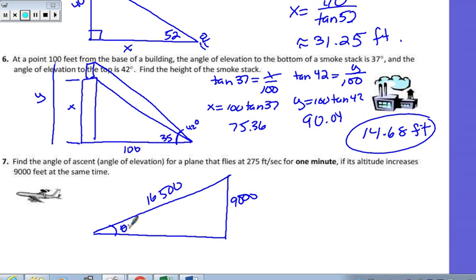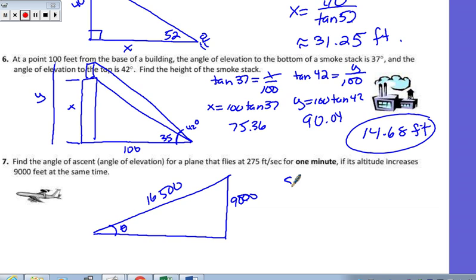If we're looking for angles, you're going to need to use the inverse functions on your calculators. It's when you hit second tangent, second cosine, second sine. Any calculator questions, please ask your teacher. So let's figure out which of the trig functions we need. I have the opposite side and I know the hypotenuse. So opposite and hypotenuse is a sine function.